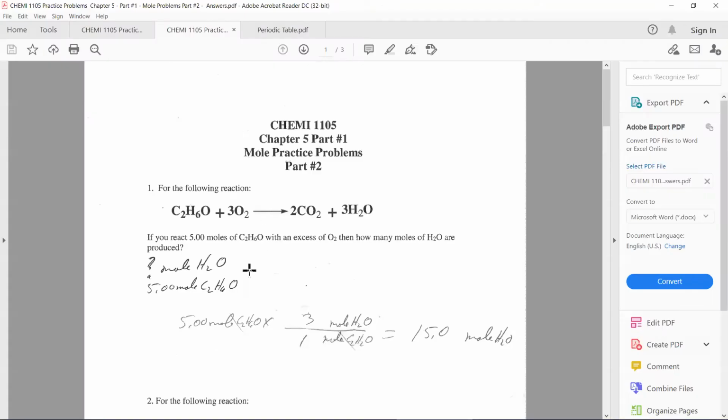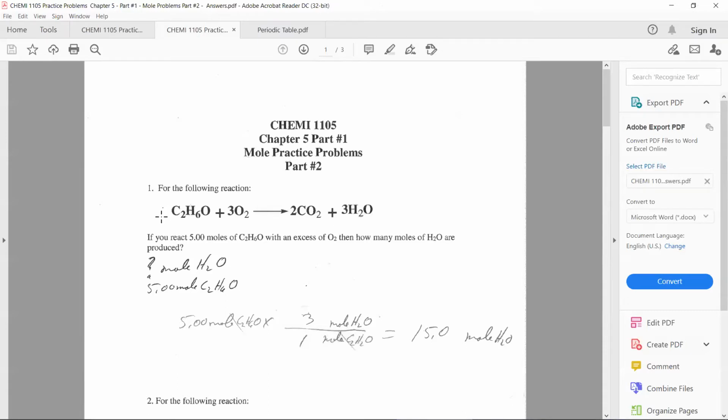So let's look at the following. Number 1, thumbs up, people. You see mole practice problems part 2 on your screen. Thank you. All right. Now, I have C2H6O, ethanol, and oxygen burns to give 2 moles of CO2 and 3 moles of water.